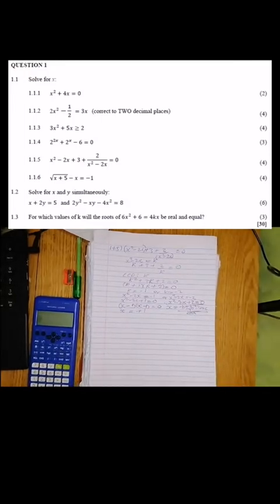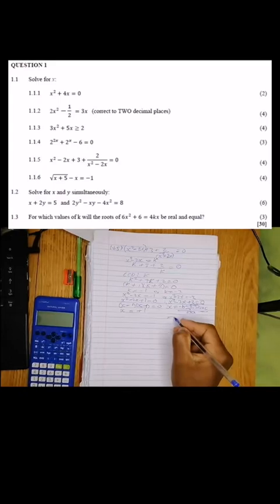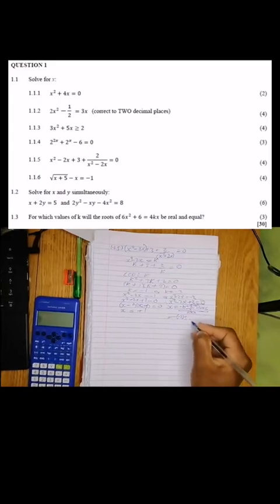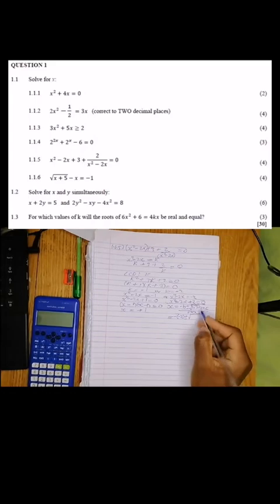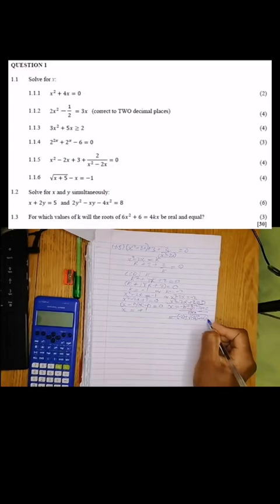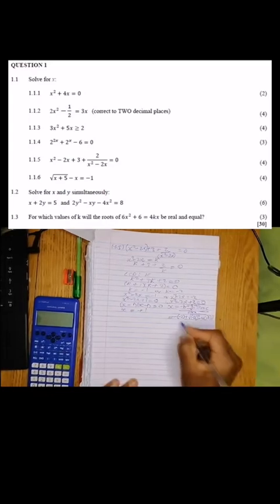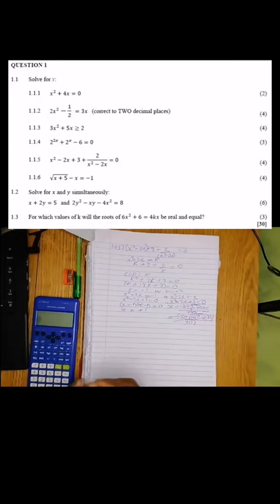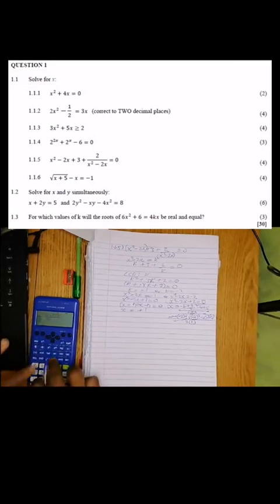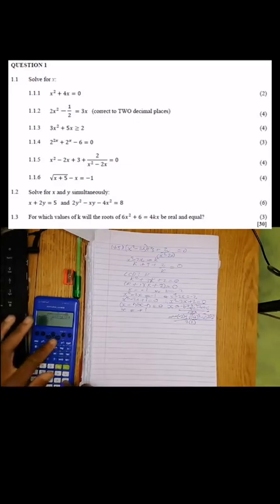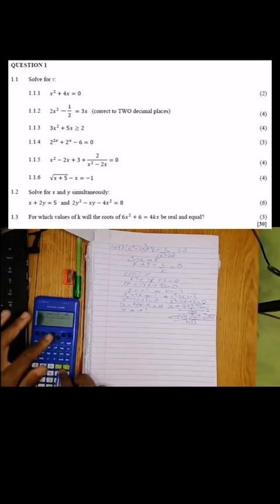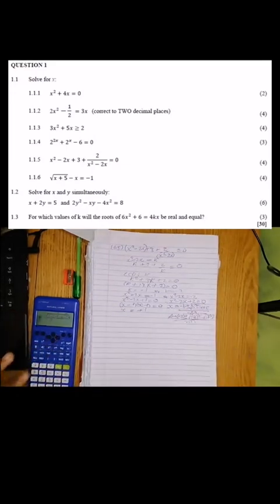So now you substitute, you have negative into negative 2 plus or minus root of negative 2 squared minus 4 into 1 into positive 2 over 2 into 1. And then you punch in your calculator, negative into negative 2 plus root of negative 2 squared minus 4 into positive 2 over 2. It's equals to, this thing doesn't have a solution.